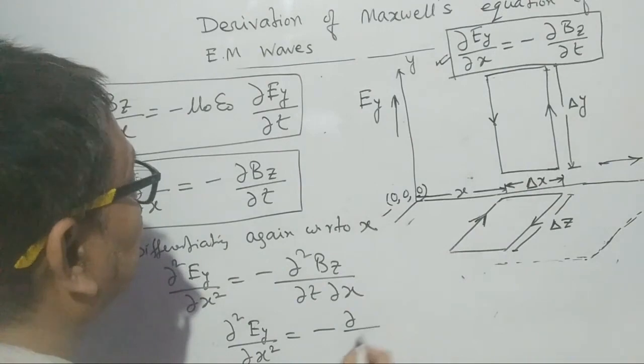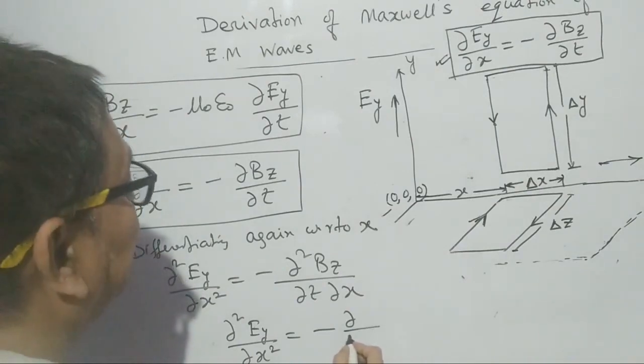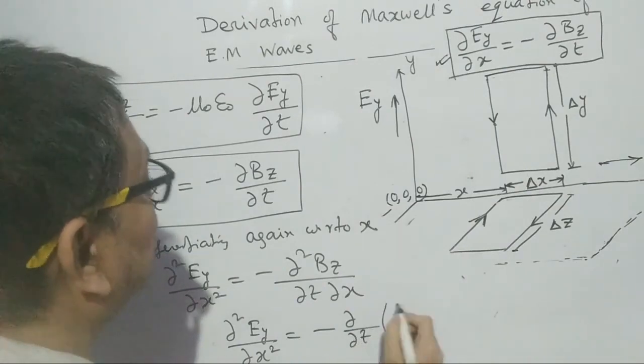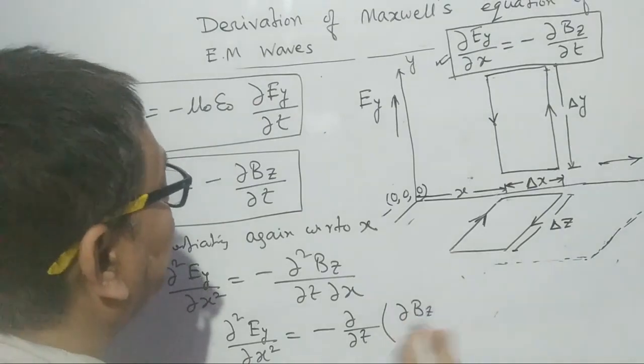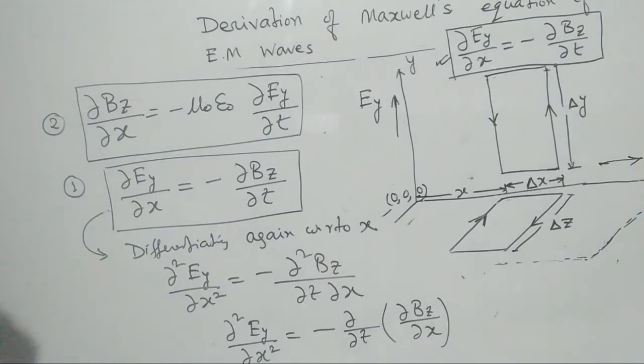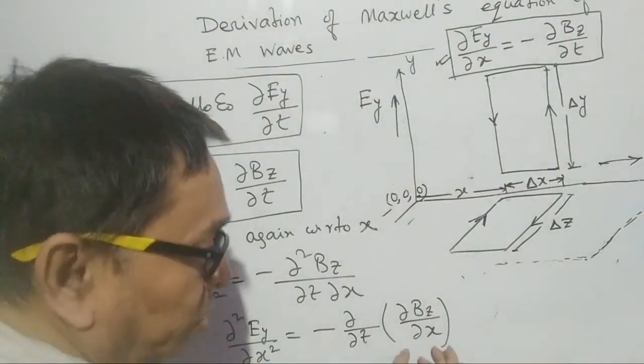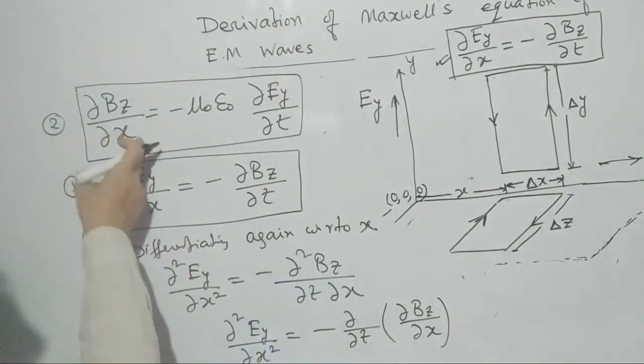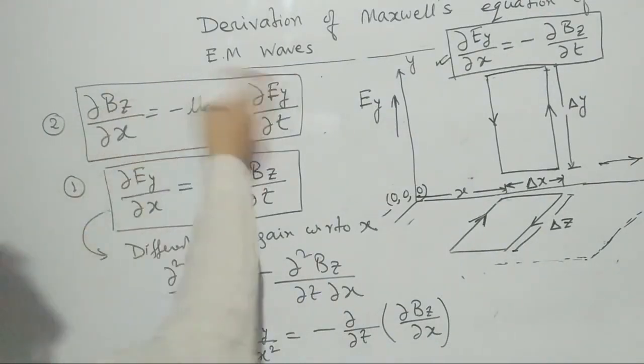And this right hand side can be written as minus del by del t of del Bz by del x. Why we have taken in this form? Because we already have derived this form, del Bz by del x. So this has a value.